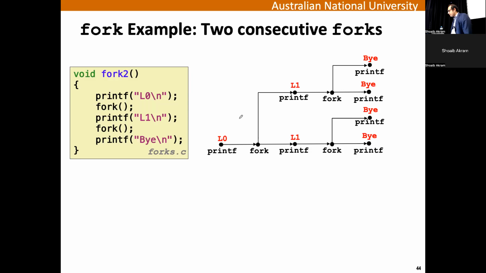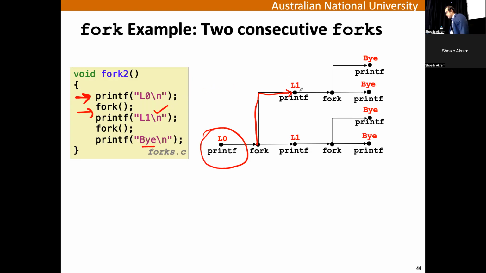So this is the process. Before any fork, we have the printf. This fork here creates this child that executes the printf. Now it also will execute the bye.